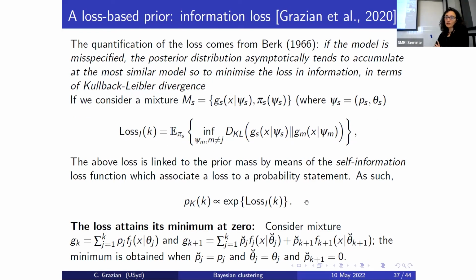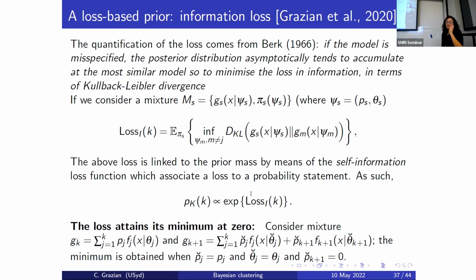The loss of information was defined in terms of the Kullback-Leibler divergence between two different models with two different numbers of components. Given the Kullback-Leibler divergence, we can associate that to a prior by using the self-information, so the exponential of the loss.